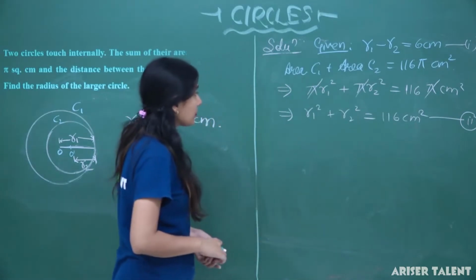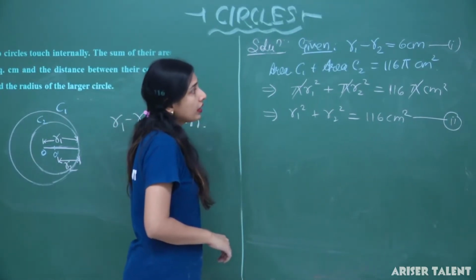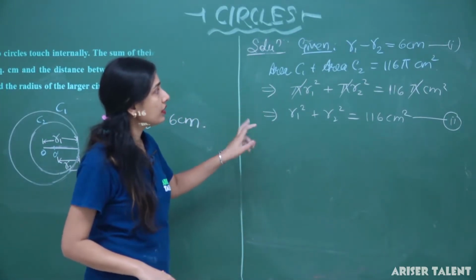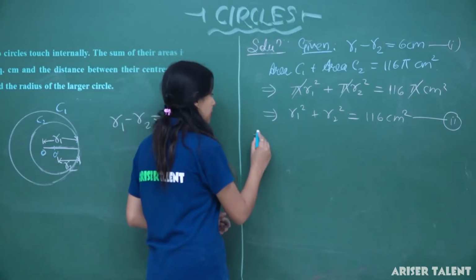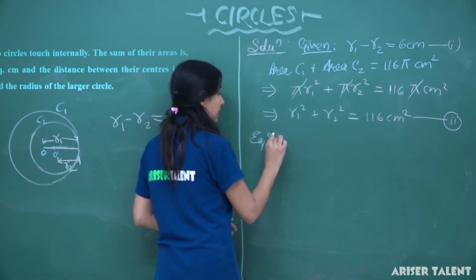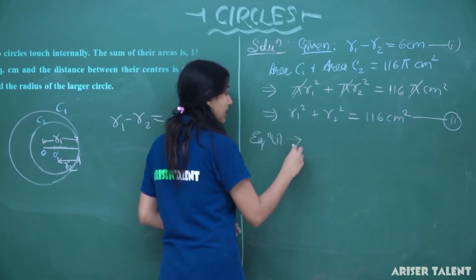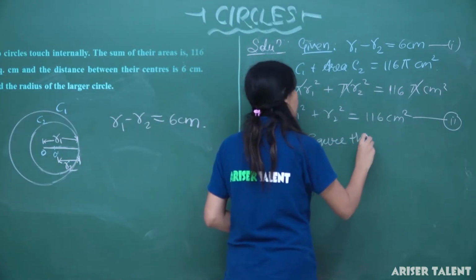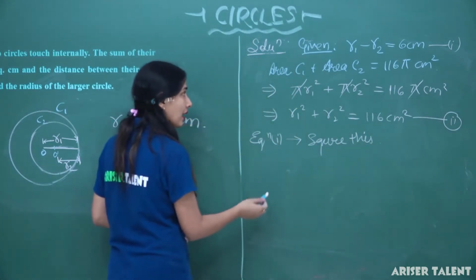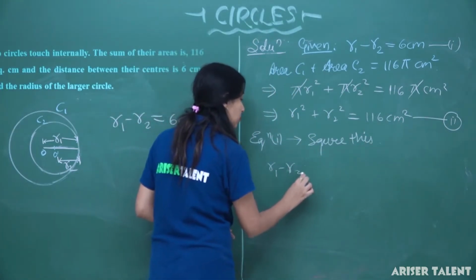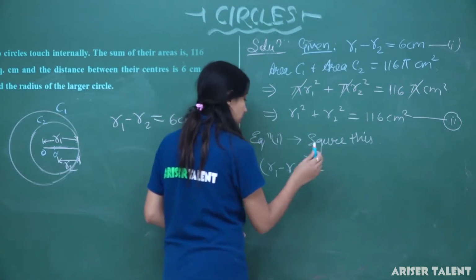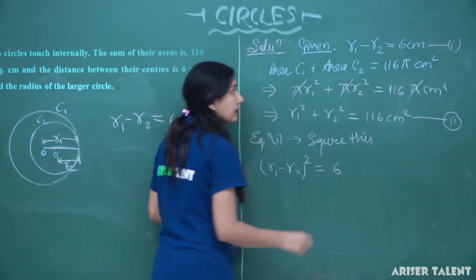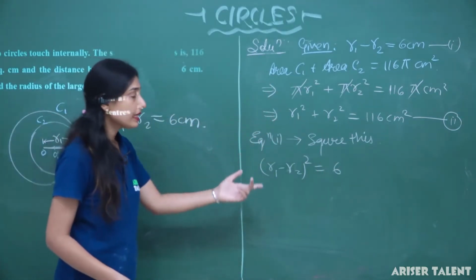Also we can have the square of this given. Now by equation 1 square this. So what will you have? You will have r1 minus r2 whole square will be 6 square, 36.